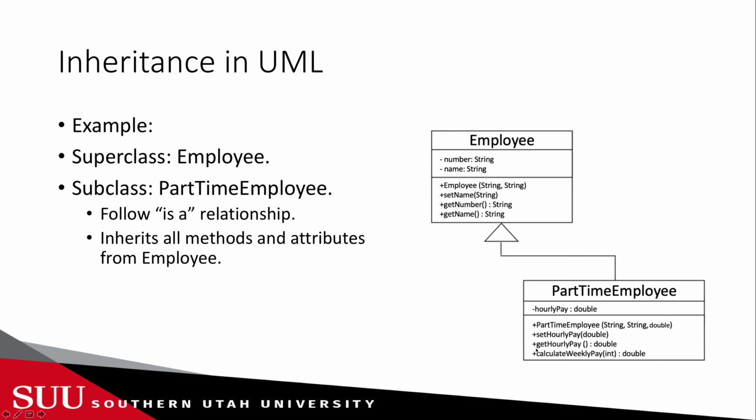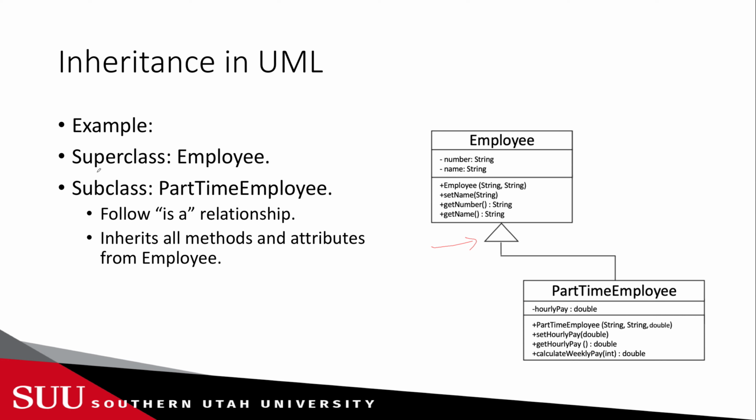Now let's look at the UML representation of inheritance. In the previous slide, you've seen me drawing triangles, and the triangle denotes inheritance in this case. This example has two classes, employee and part-time employee.